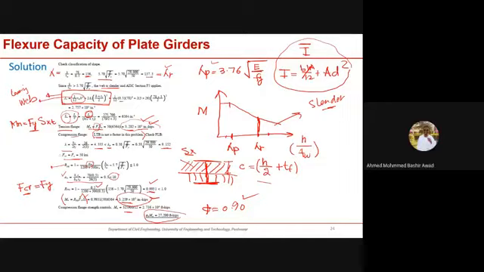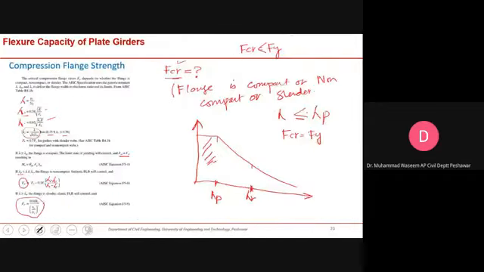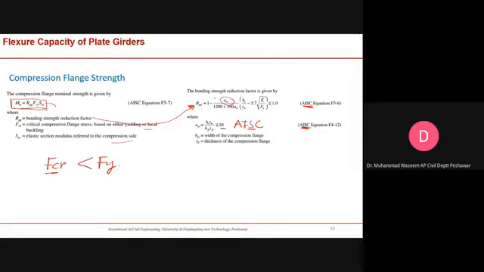Sir, up to compression is okay, but I want to understand what is R. Which one are you referring to? Sorry, can you repeat it? What is R? R is here. This is RPG, the bending strength reduction factor. See here. This value. Okay.